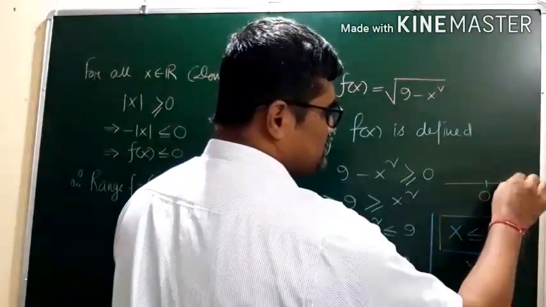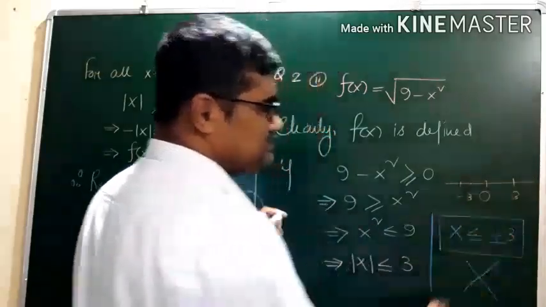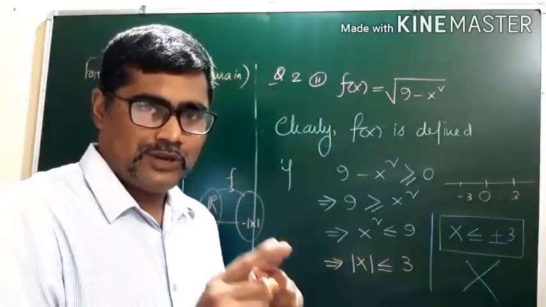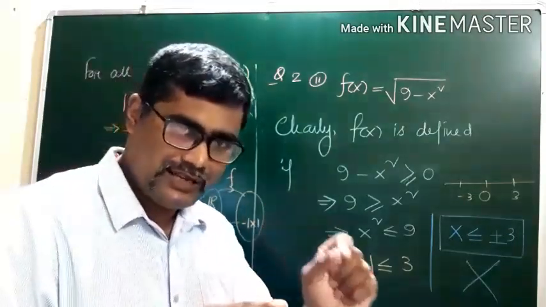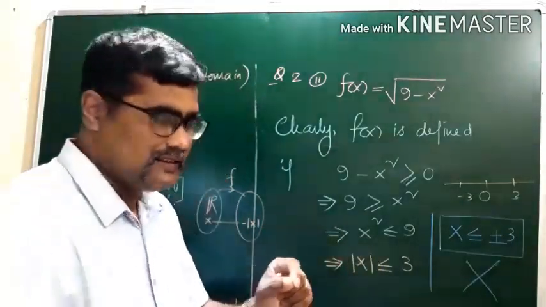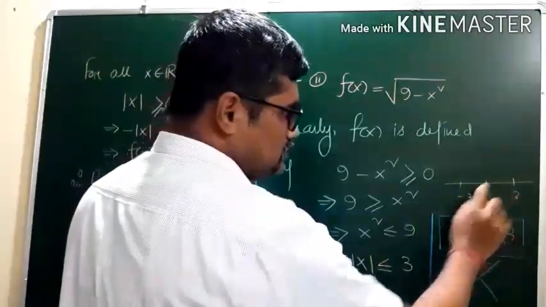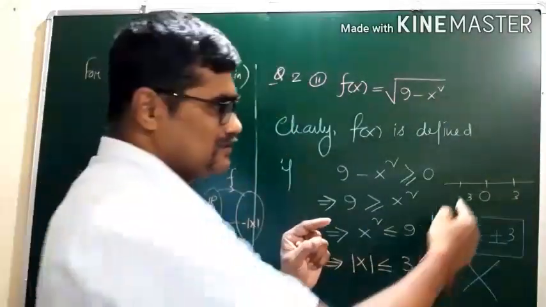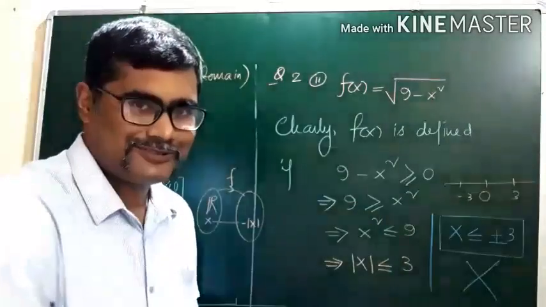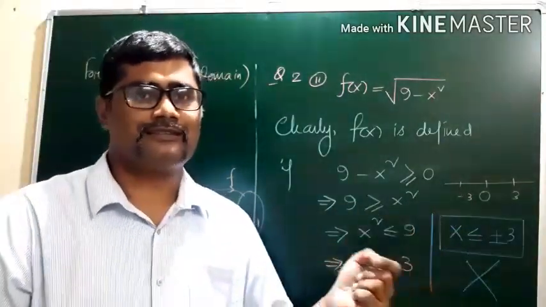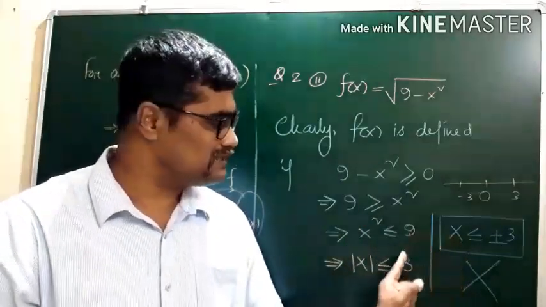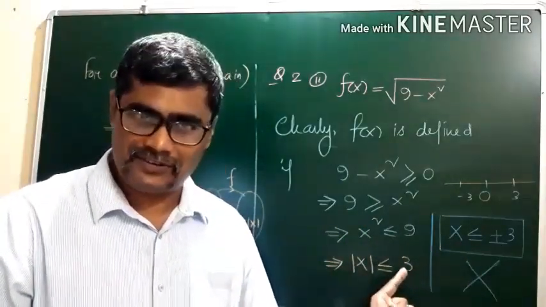I have 0 here, 3 here, minus 3 here. Modulus x is less than 3. That means numerical value of the number should be less than 3. So it can be from 0 to 3, any number. Will it be from minus 3 to 0 also? Yes, because if you consider minus 2, modulus will be 2, which is less than 3.